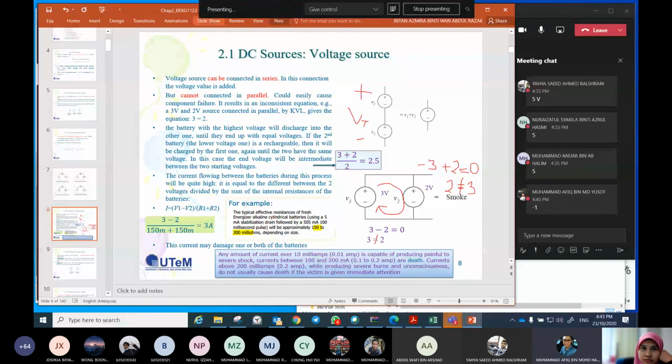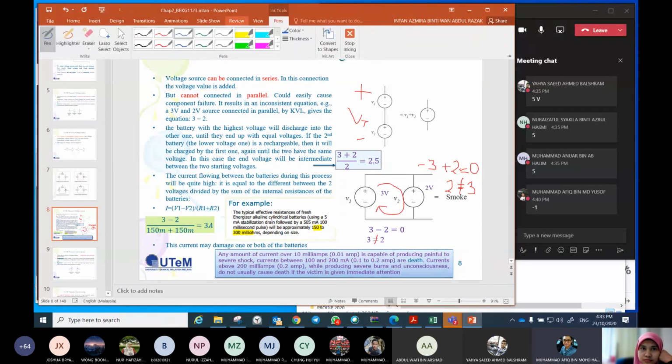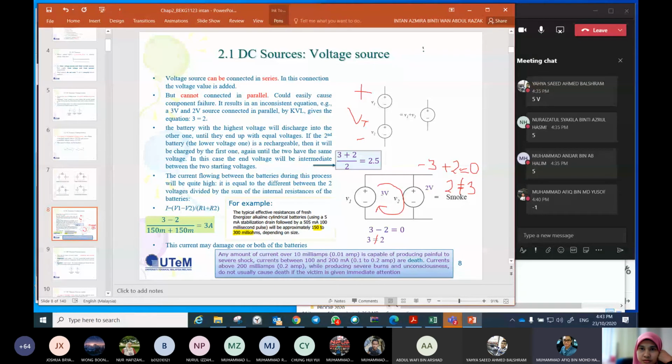Kalau ikut Ohm's law, maknanya series circuit, the current is the same semua. I total equals I1 equals I2. Untuk parallel circuit, dia punya V sama untuk semua. Bila dia kata smoke tu, andai kata ada dua voltage source in parallel, macam mana dia boleh jadi smoke?